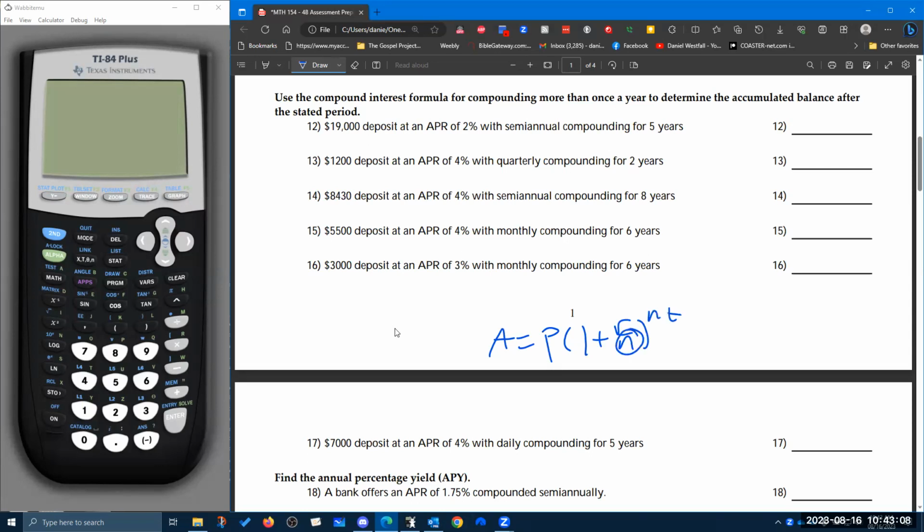The new thing that we're going to get is that N is going to be a number that's not 1 here. It's going to be the number of compounding periods per year.